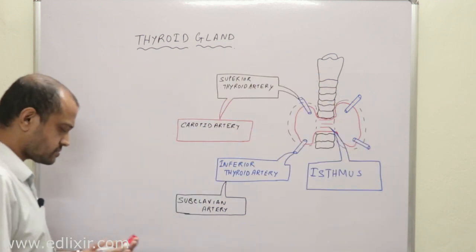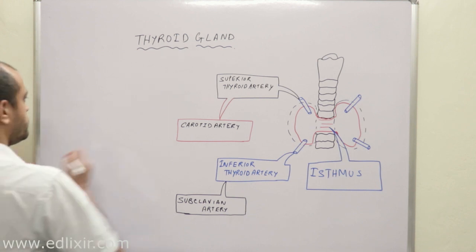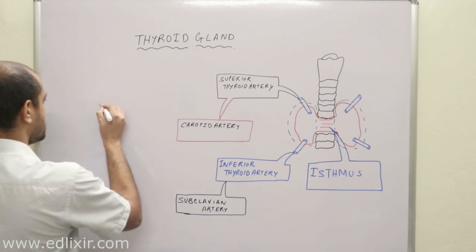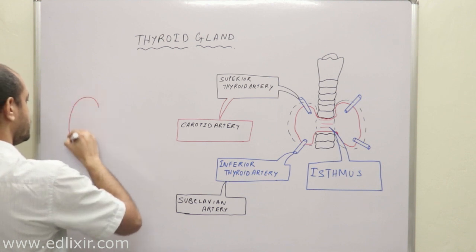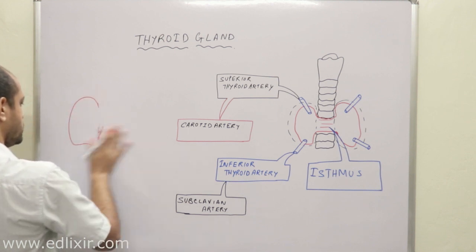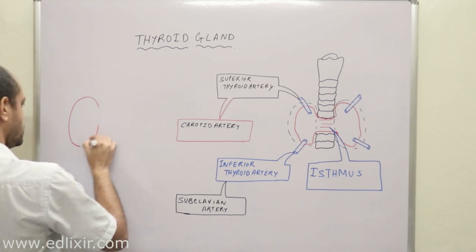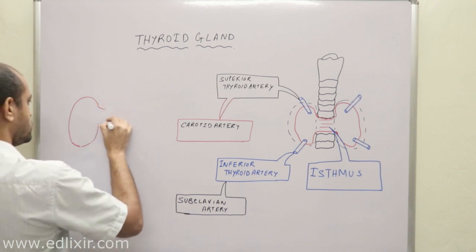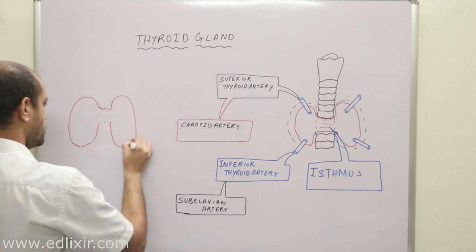Now, if you look at the posterior aspect of this thyroid gland, suppose this is your right lobe, this is the isthmus, and this is your left lobe.